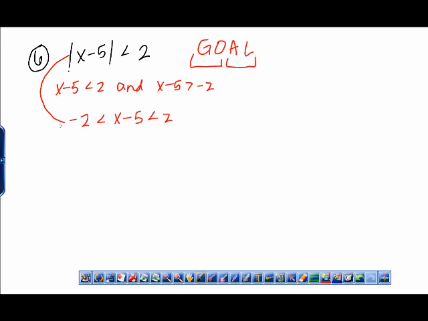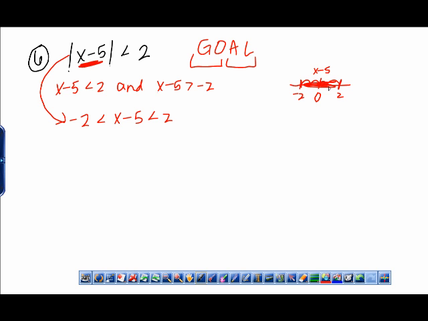Now, when you're really doing these problems, you're going to go straight from here to here, but I did want to kind of explain to you why this worked. Think of it this way. If the distance between x minus 5 and 0 on the number line is less than 2, then that means this x minus 5, here's 0, it can only be 2 units away that direction, or it could be 2 units away over here. We're not talking about x, we're talking about x minus 5.